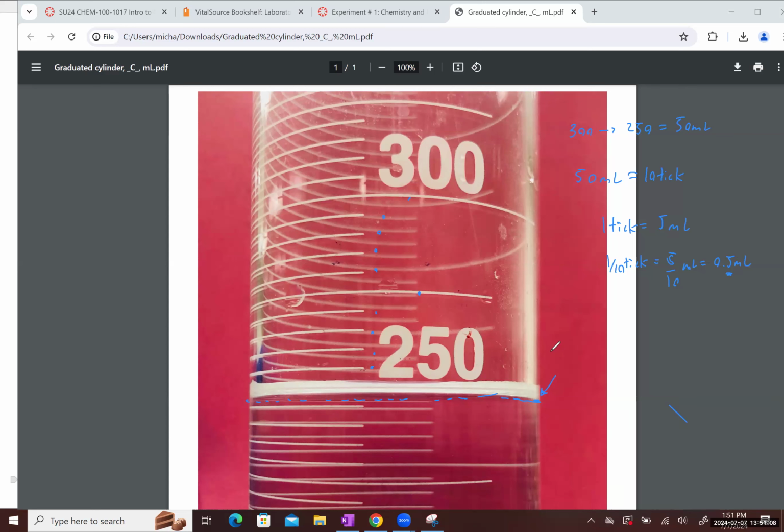Now that we have the bottom of the meniscus established, we can see we're between the 245 mark and the 250 mark, because remember, each graduated mark, if we move up or down, we're moving up or down by 5 mils, because each tick mark is 5 mils.